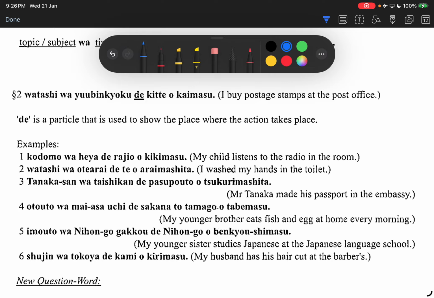Where are we doing this action? So yubin kyoku de kitte. Kitte means stamps. What do we do to this stamp? We kaimasu, we buy stamps. Buy stamps where? At yubin kyoku. So this de in English we say at. Place of action. So I buy stamps at the post office.